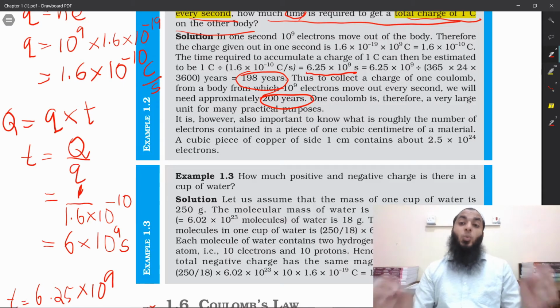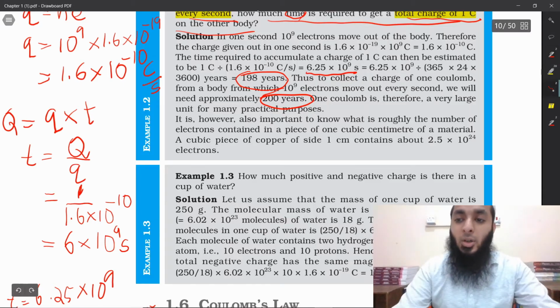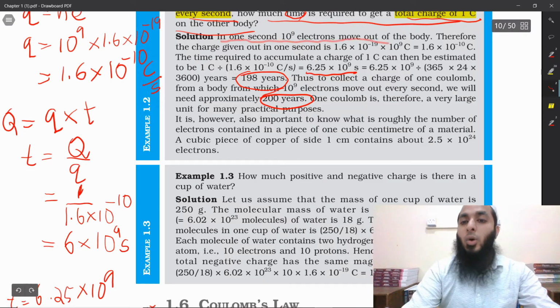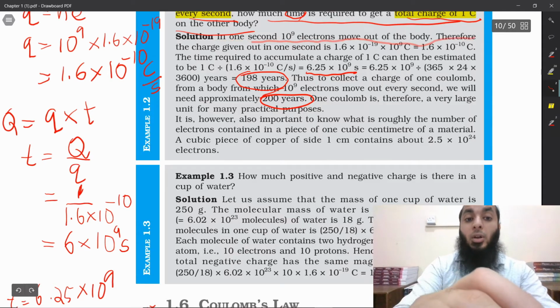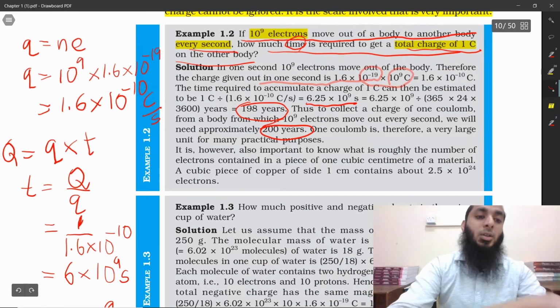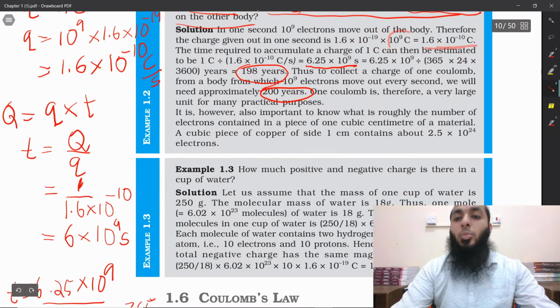That means 1 coulomb is a very large unit. Now I'll just read what is written here. In 1 second, 10 raised to 9 electrons move out of the body. Therefore, the charge given out in 1 second is 1.6 into 10 raised to minus 19 multiplied by 10 raised to 9, which comes out to be 1.6 into 10 raised to minus 10 coulomb.